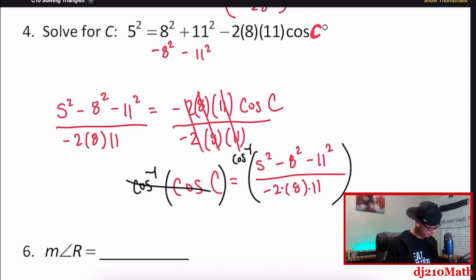So, inverse cosine, control division, which brings up the fraction button on the Inspire. 5 squared minus 8 squared minus 11 squared over negative 2 times 8 times 11. We're going to get 24.619.